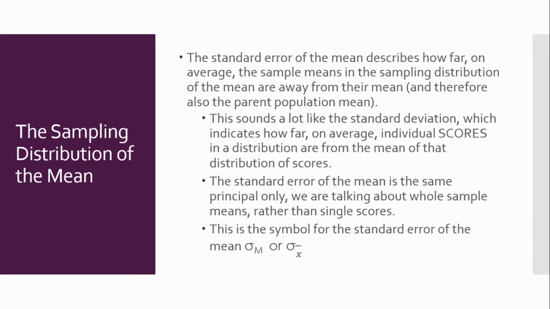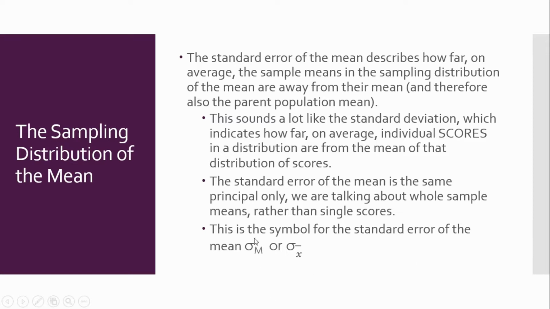Well, the standard error is pretty much the same concept. It's just applied to sample means in the sampling distribution of means. So the standard error of the mean is how far on average sample means will be from the mean of those sample means and therefore the parent population mean.